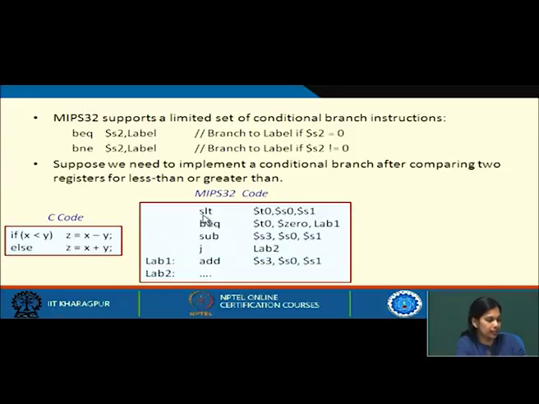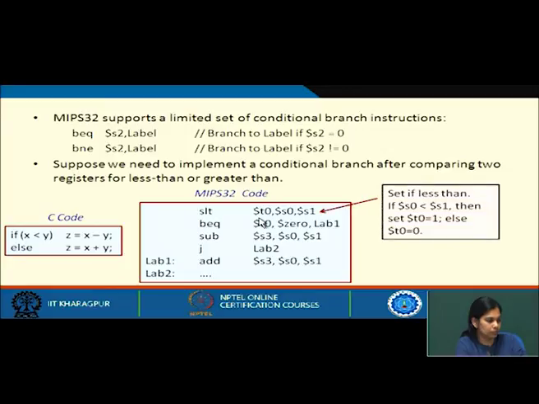So, there is an instruction, set if less than. That means, we will set T0 to 1 if it is less than. That means, if S0 is less than S1, we will set T0 to 1, and then we will do branch if equal.